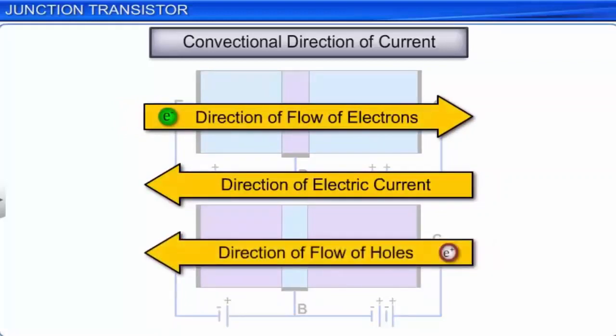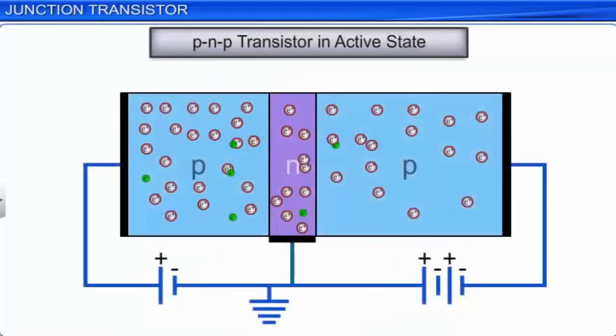This large flow of holes from the emitter to the base constitutes the emitter current. This current is equal to the current entering the emitter from the emitter terminal connected to the battery. Since the base is very thin and the base collector junction is reverse biased, most of the holes entering the base reach the collector terminal, forming the collector current. Only a very small portion of the holes entering the base reach the base terminal, forming a small base current.